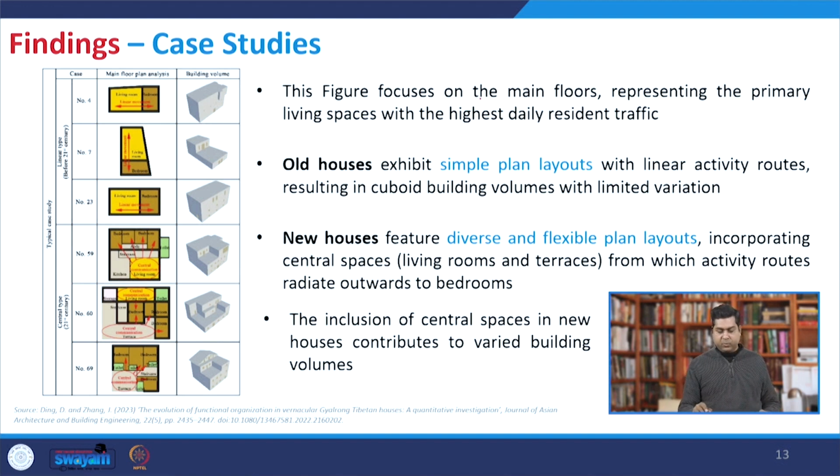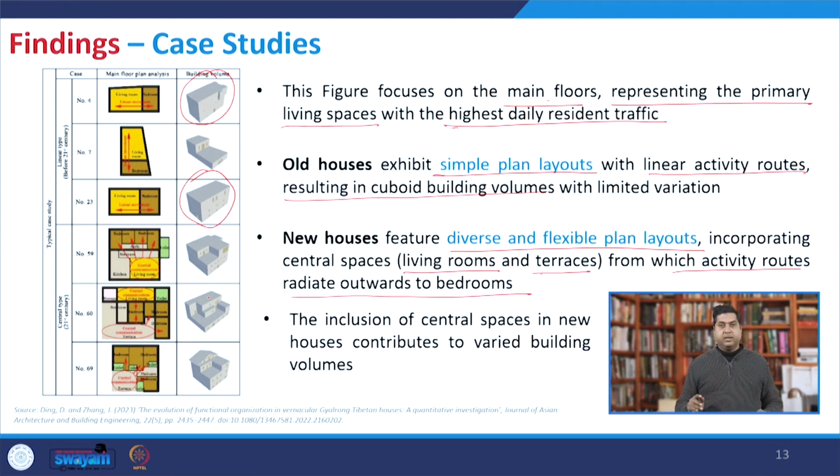This figure focuses on main floors representing the primary living space with the highest daily resident traffic. Old houses exhibit simple plan layouts with linear activity routes resulting in cuboid building volume. So this kind of volume you can say. The new houses feature diverse and flexible plan layouts incorporating central space like a living room or terraces, from which activity routes radiate outwards to the bedrooms.